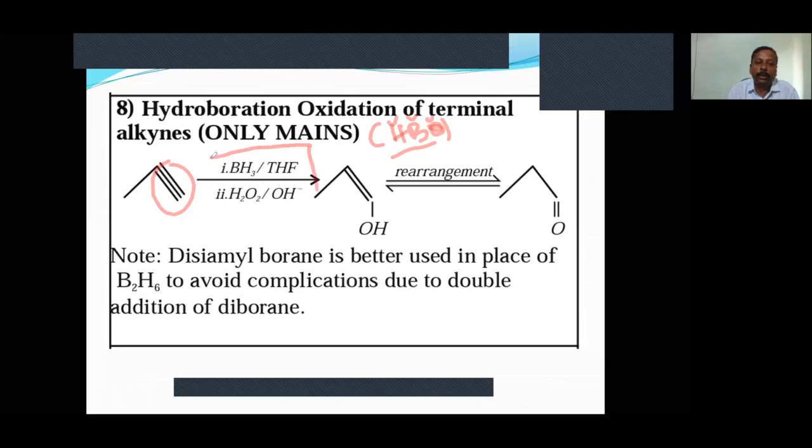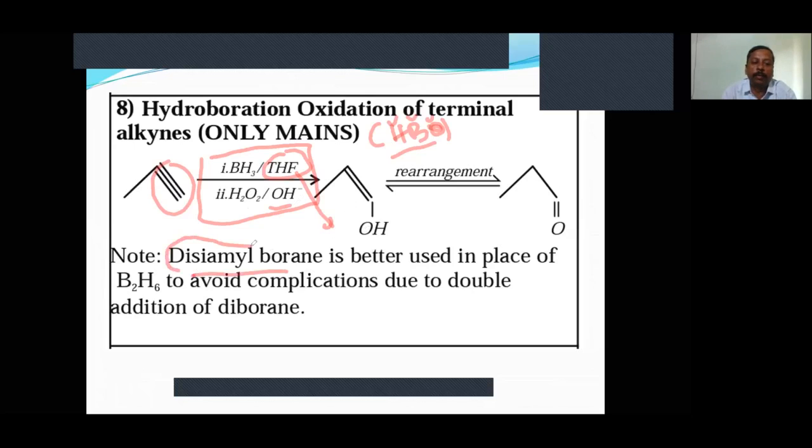So BH3 THF. What is THF? In structures also I told you, tetrahydrofuran. THF means tetrahydrofuran. Furan, tetrahydrofuran, oxane. This we have studied in ethers. Commercial names we have studied. So next, disiamylborane is better.